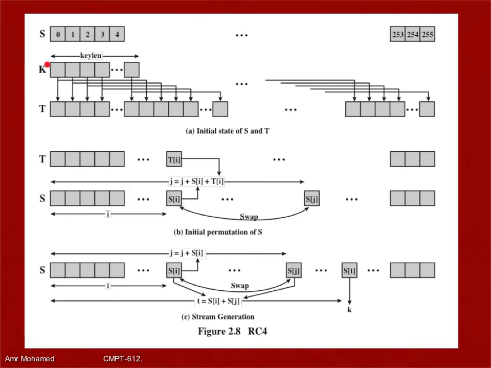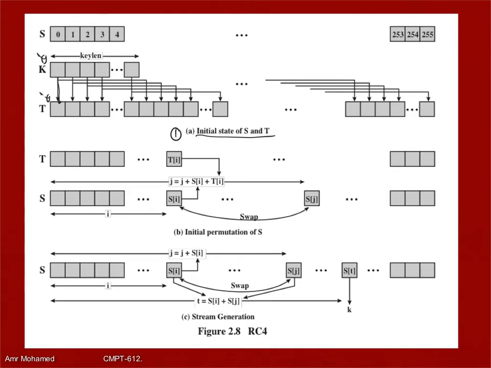And then from the key, first you have these 3 steps. One, you have the initial state of S and T, and this T is another vector that gets generated based on a permutation, and it's actually a straightforward permutation of the key. Just by simply taking the first character here, and the second character, and after the key length, you just repeat, you cycle.